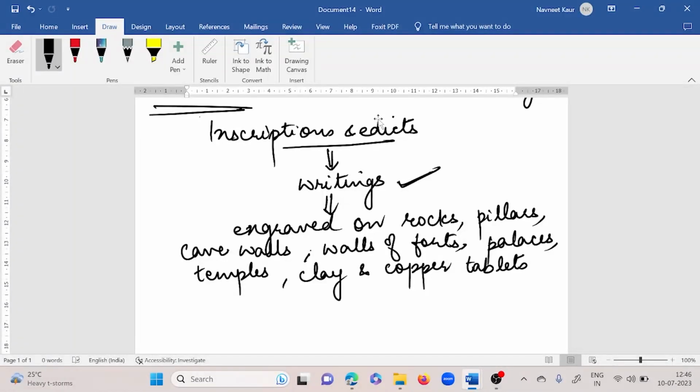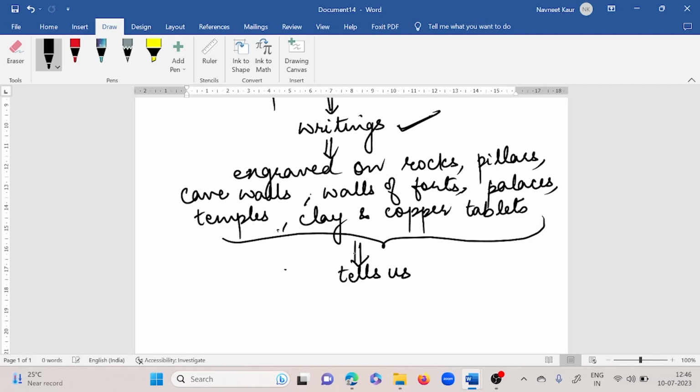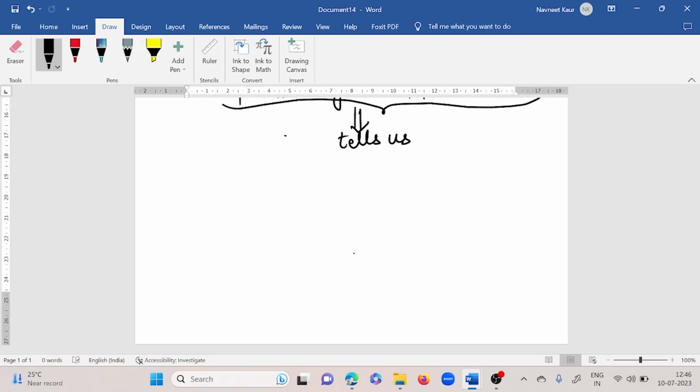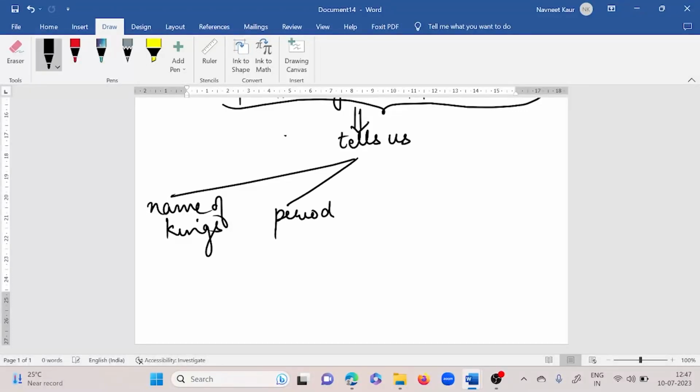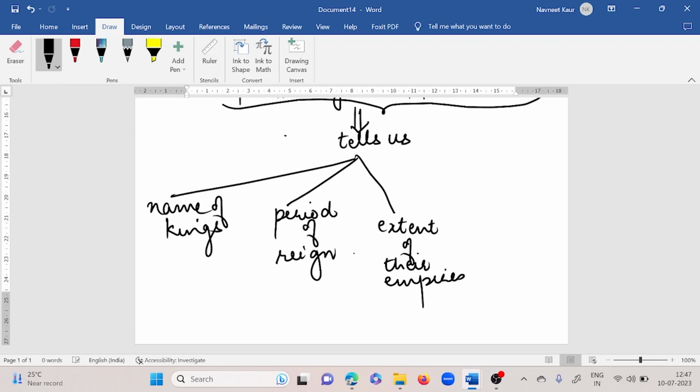Now, what do they tell us? They tell us a number of things. First, name of kings. They tell us period of reign. Then extent of their empires. Then some important events that took place during their reigns.